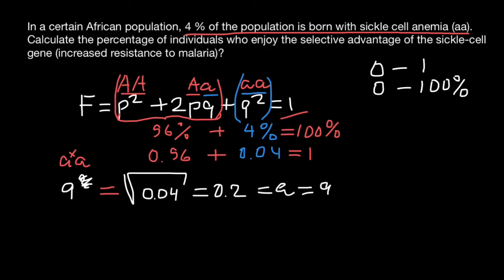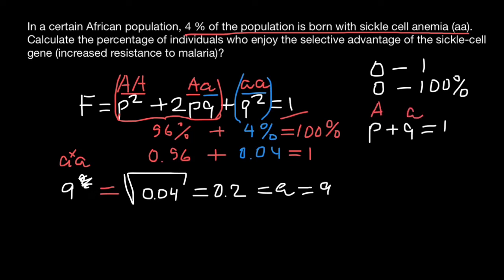We also know that in this population we have only two alleles, P and Q, and these two alleles make 100% of alleles. Only two alleles, no any other alleles. And P is the dominant allele A, Q is the recessive allele a.